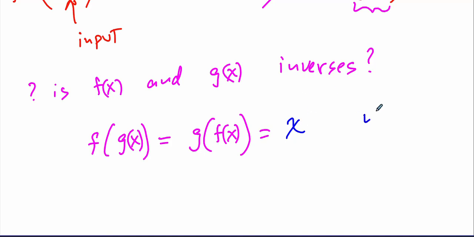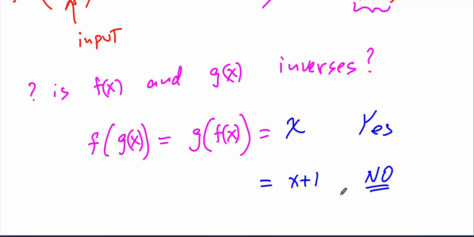If I get this, yes, they are inverses. But if I get anything else, it doesn't matter what it is, as long as it's not x, for example 1/2 x or x plus 1, then that will be a no, because they did not undo each other to get back to the original input.